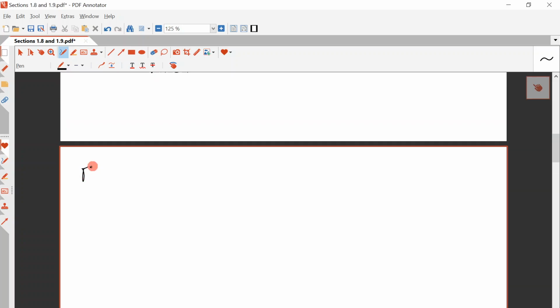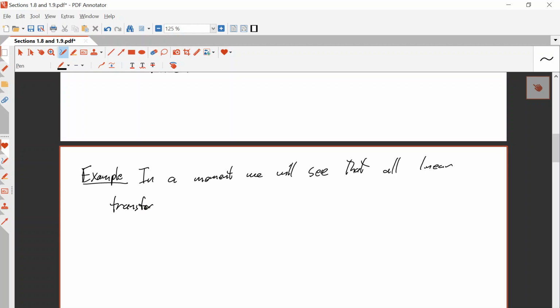So, examples of linear transformations. In actuality, this is all linear transformations, but it takes some explanation to do this. In a moment, we will see that all linear transformations T from R^c to R^r, oh, is that writing it backwards?